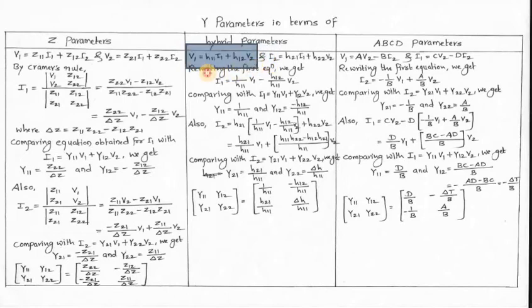so that I can obtain I1 in terms of V1 and V2, I get this expression. So if I compare this expression of I1 in terms of V1 and V2 with the normal y parameter expression wherein I1 is expressed in terms of V1 and V2, I clearly get to know that this is representing y11 and this, along with the negative sign, is representing y12.